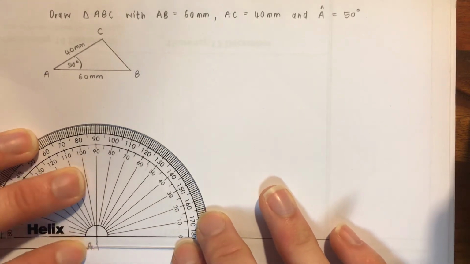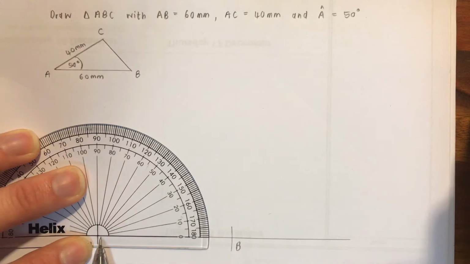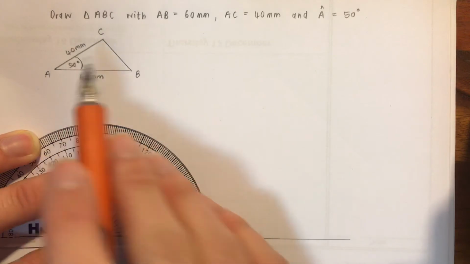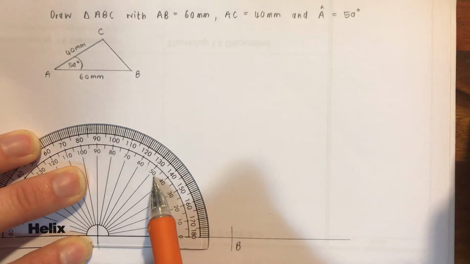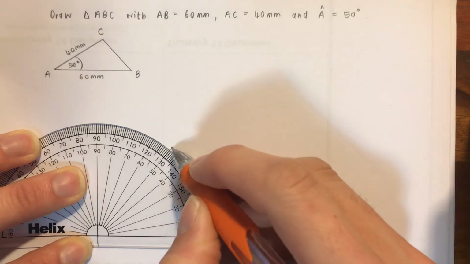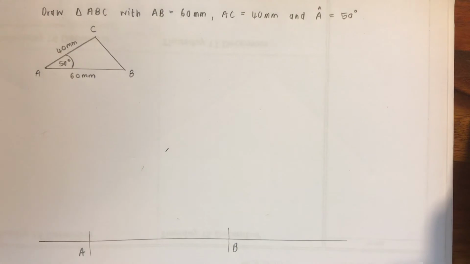So please make sure that the center of your protractor is on point A and that the 0 for your degrees is on the horizontal line. Then you measure 50 starting from 0 because this is the angle that we're measuring. So then we go up to 50 there. And we make our mark. Okay.